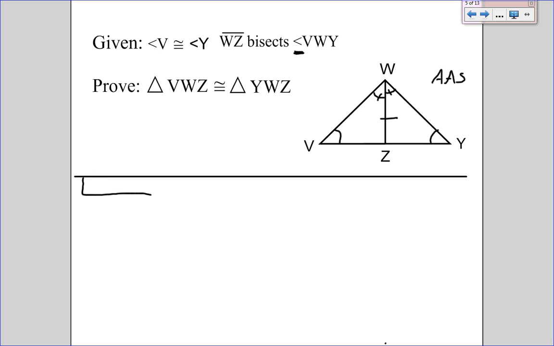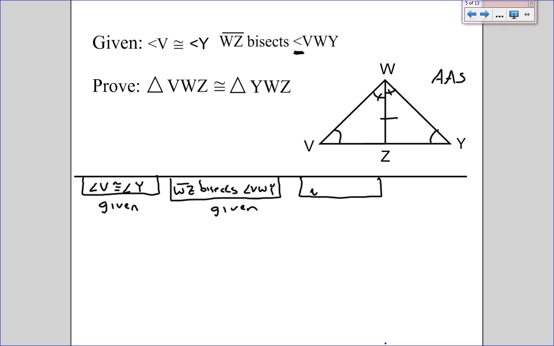So now we come down, we draw a line, and we just write in our givens. Angle V is congruent to angle Y. WZ bisects angle VWY. And finally, if we have a reflexive or a vertical angle, we put it on top. So WZ is congruent to WZ, and that's reflexive. So I have one congruent statement, two, so I need a third.